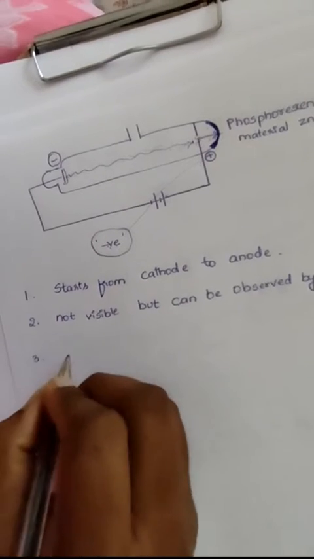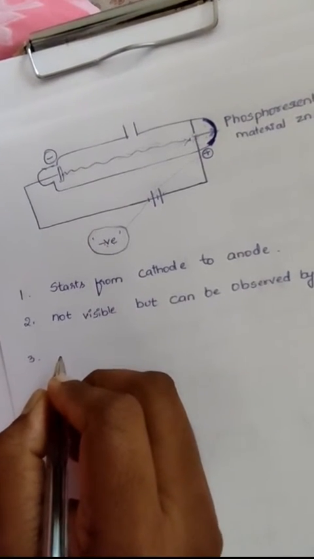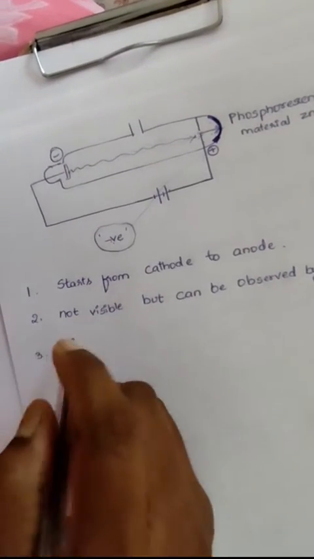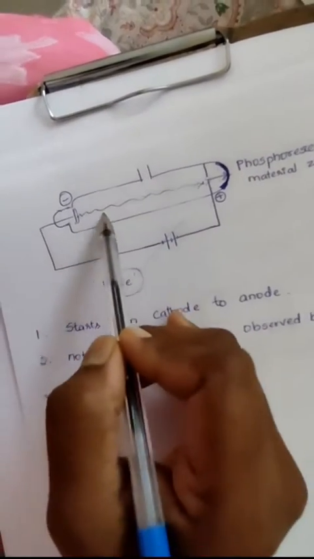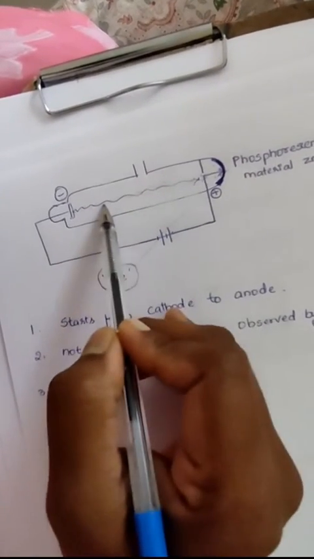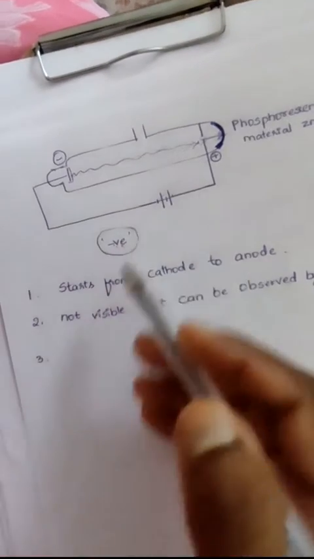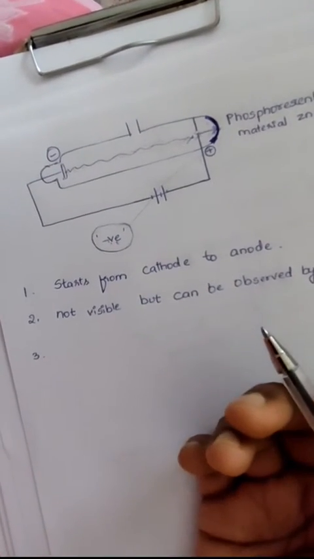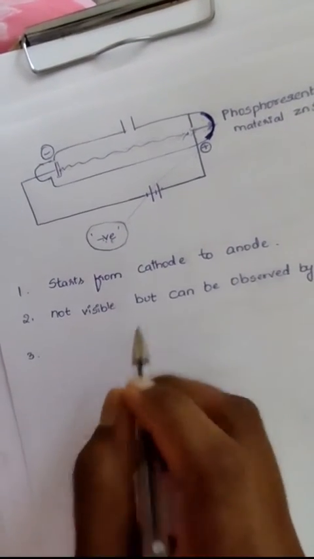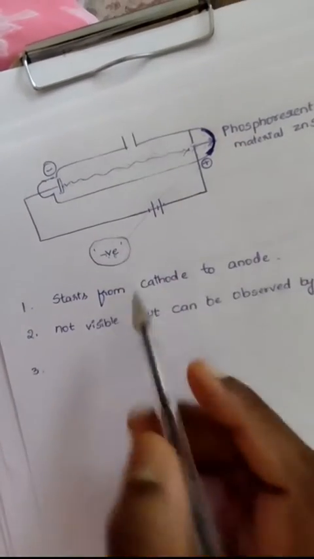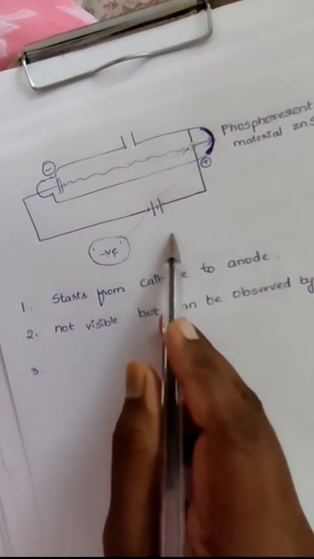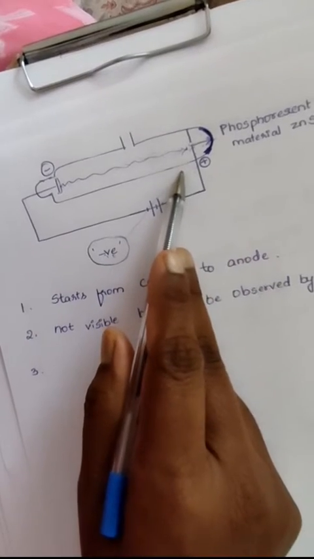Next, these are negatively charged particles. When an electric field is there, negatively charged particles get attracted to the positive electrode.